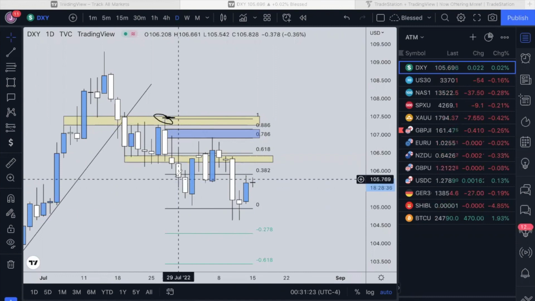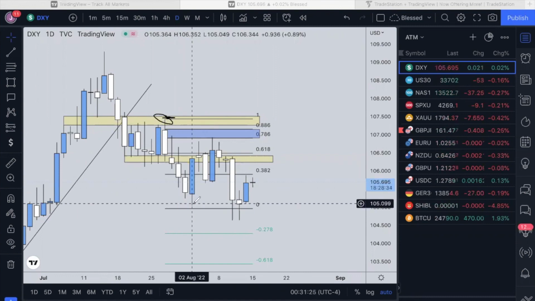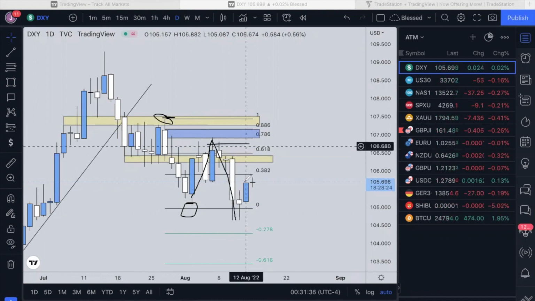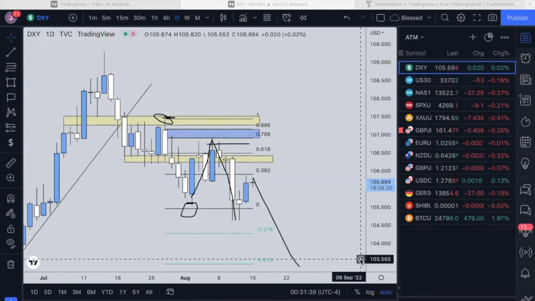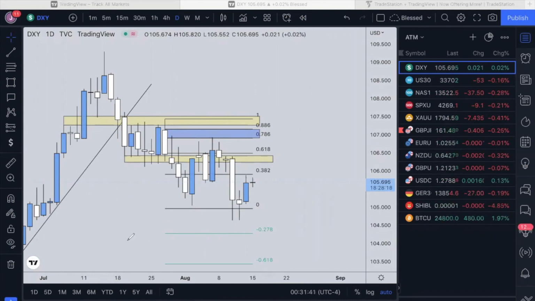Where was it? I believe it was this low. And it hit my 78 fib level, started going down, and I'm potentially looking for DXY to continue going down, which is why I got Euro USD potentially buying. So we'll see what the market has.